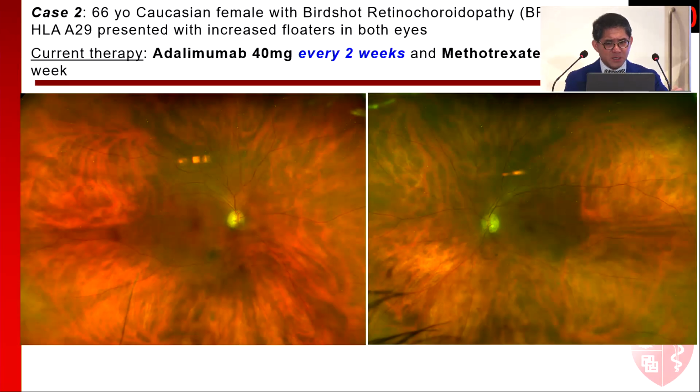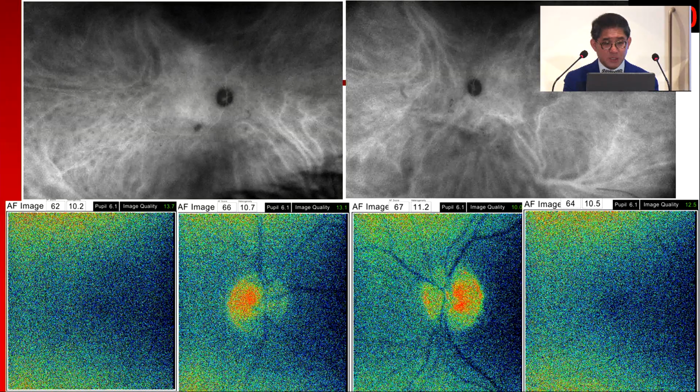This next patient also had birdshot. However, from our clinical knowledge, we thought that she was stable, so we kept the patient only on adalimumab every 2 weeks and methotrexate 10 milligrams. So we think that this patient who also had birdshot may have lesser disease. However, the ICG is as expected.